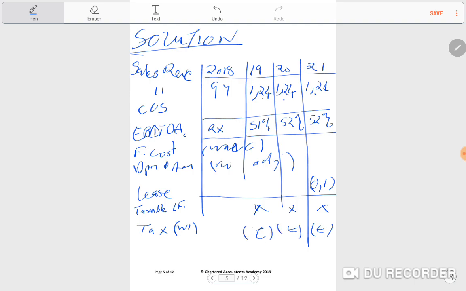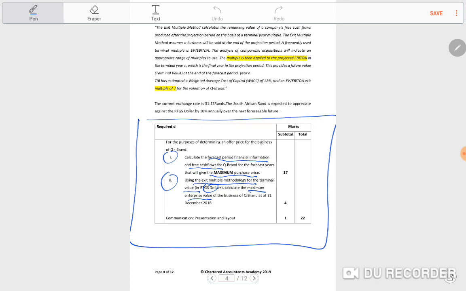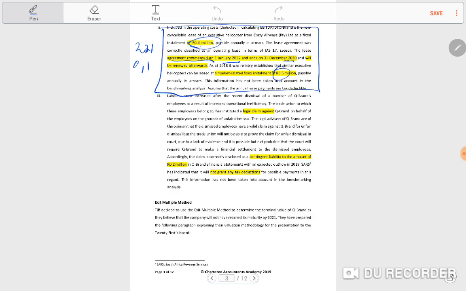Then we can now do all the adjustments that don't have tax implications. For example, we have this legal claim. The legal claim was said to have no grant, SARS will not grant any tax deduction, which means this adjustment, this contingent liability, does not have any tax consequences.